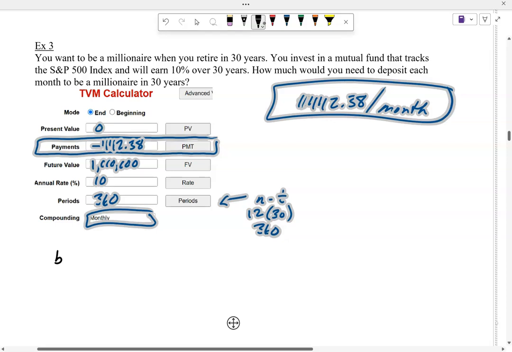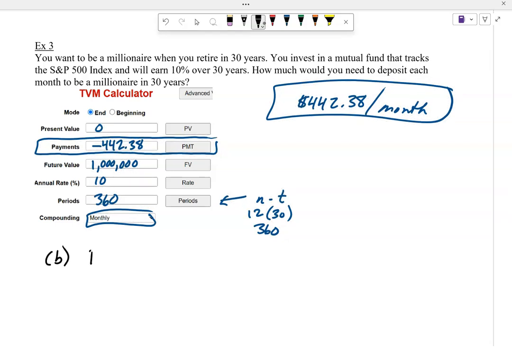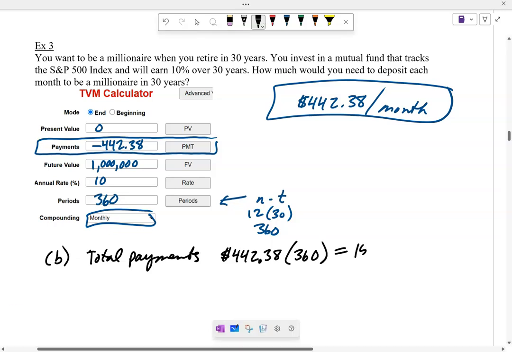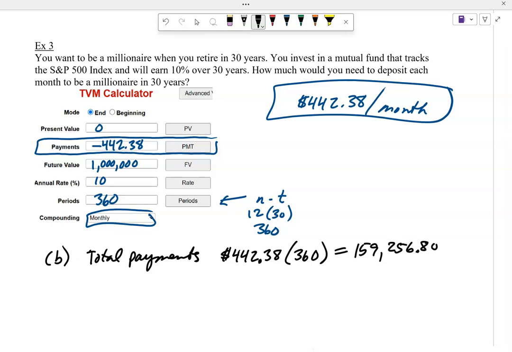How much for part B? Well, our total payments on this one to become a millionaire were $442.38. We did that for 30 years, 12 times a year. So we multiply that by 360: $159,256.80. That's how much we actually put in.